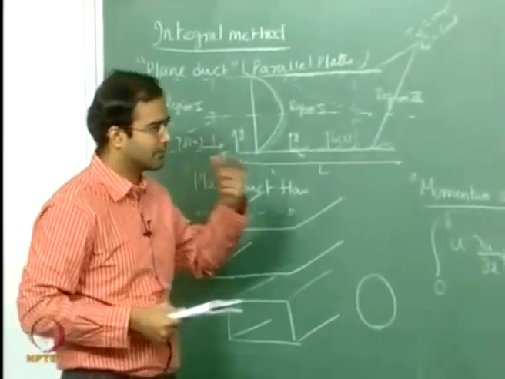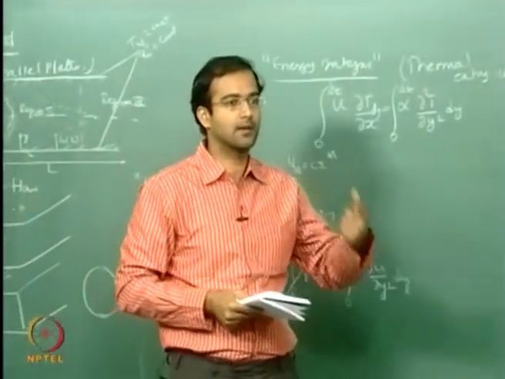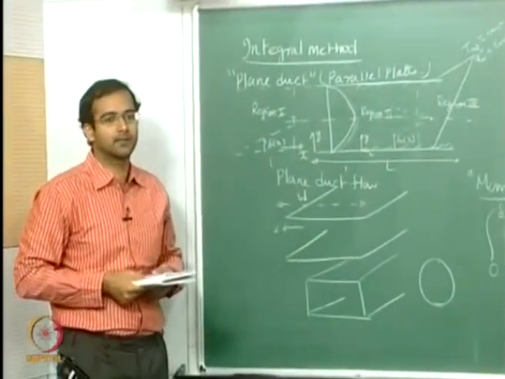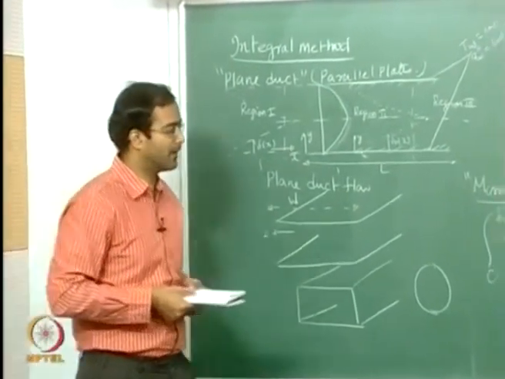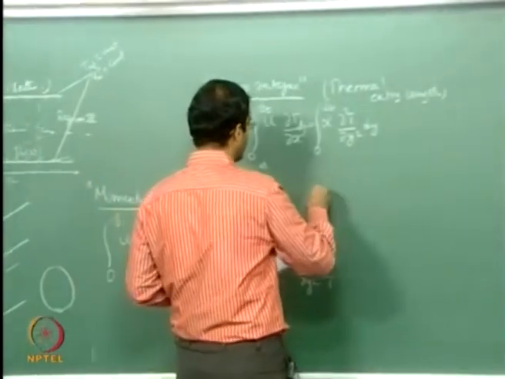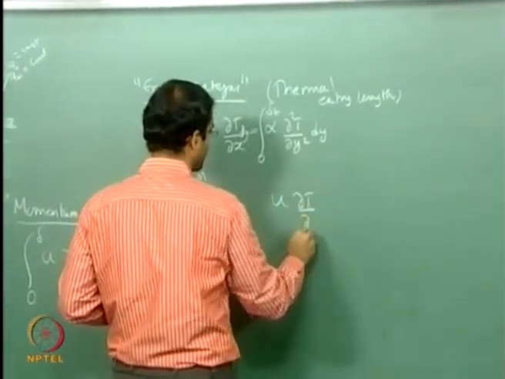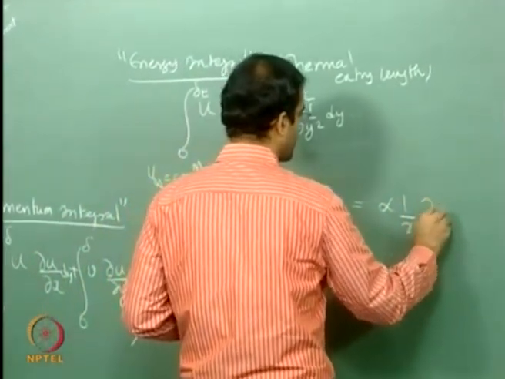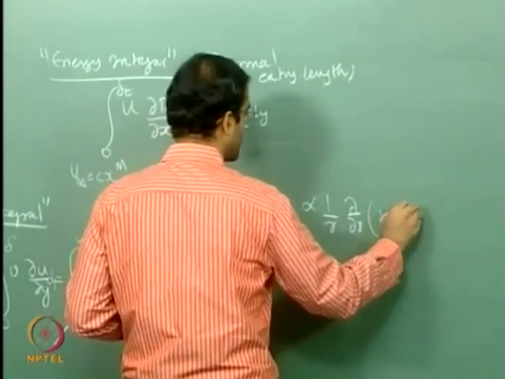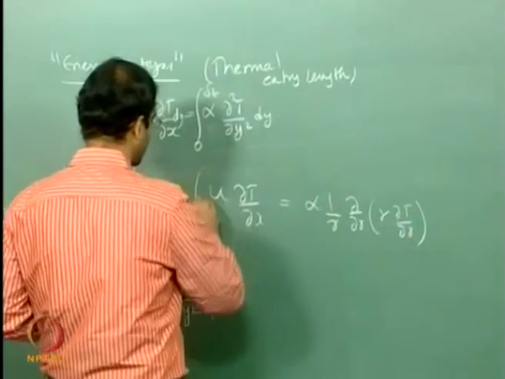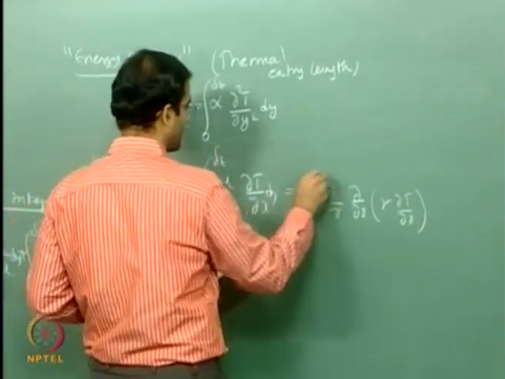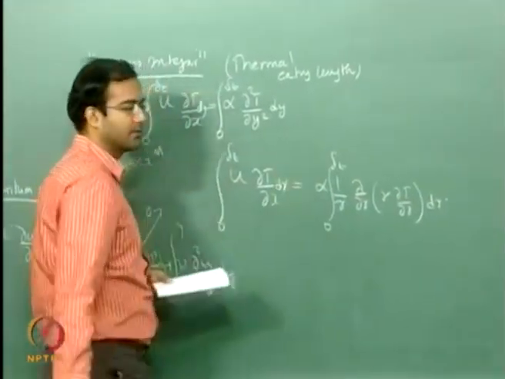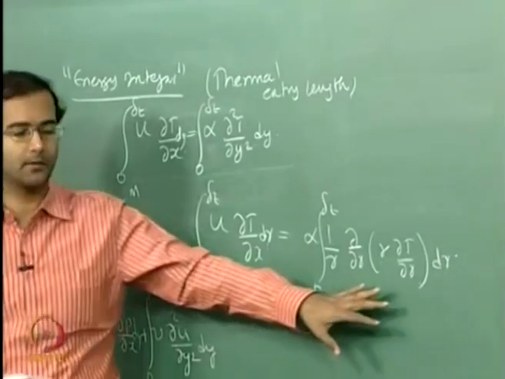Now once it comes to non-Cartesian coordinates, that is the case of circular duct, then you cannot even apply the energy or the momentum integral there. Why? Because you have a complicated term: u dT by dx is equal to alpha times 1 by r d by dr of r dT by dr. Now if you are integrating from 0 to delta t dr, this becomes quite difficult to evaluate.